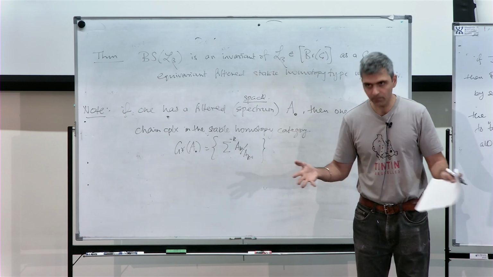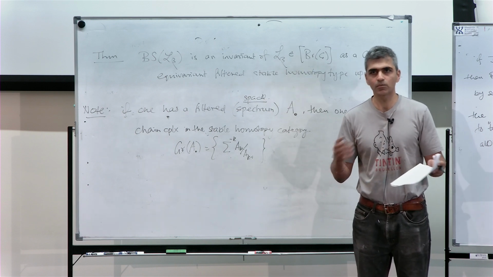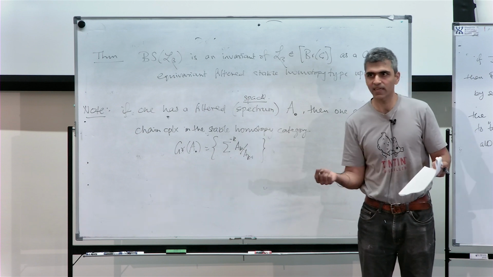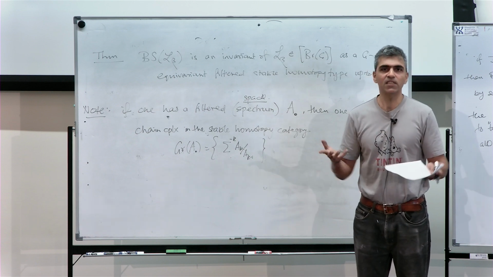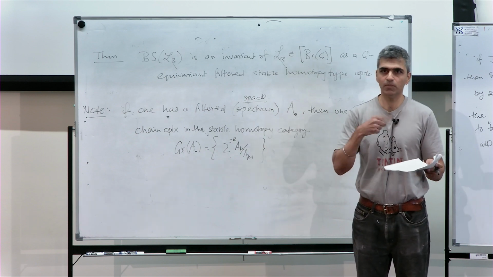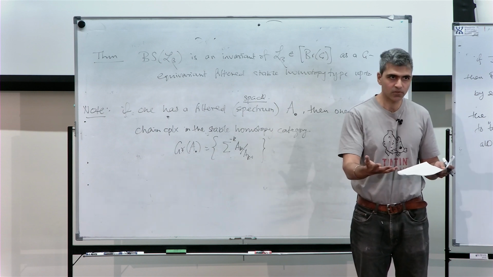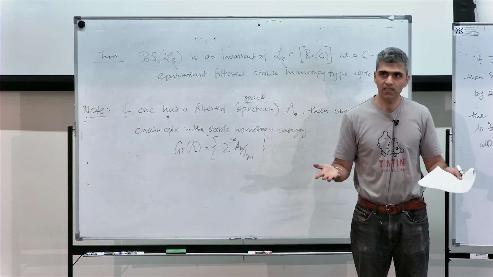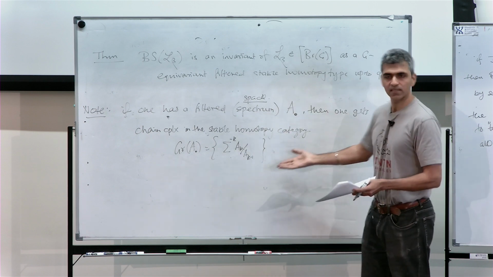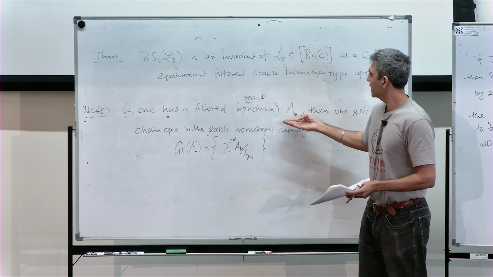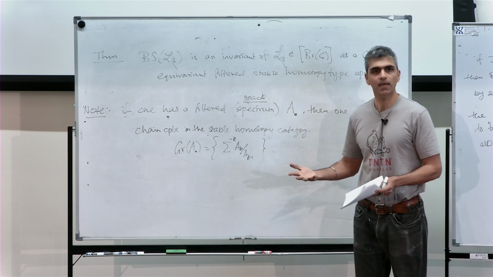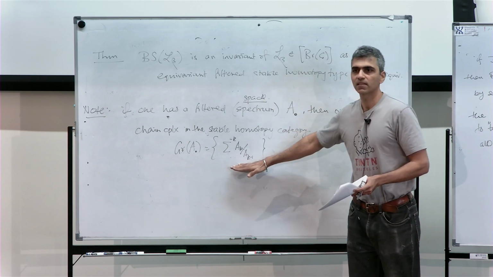You say a chain complex is null homotopic if you have backward maps so that DH plus HD is an isomorphism. DH plus HD is a self-map at each level, and if that self-map is an isomorphism, you say that chain complex is null homotopic. So I can make that statement here, that any filtered spectrum is null homotopic if this object is null homotopic.